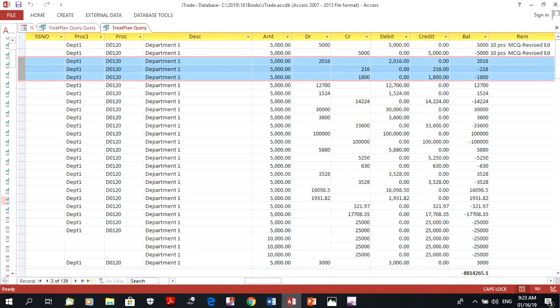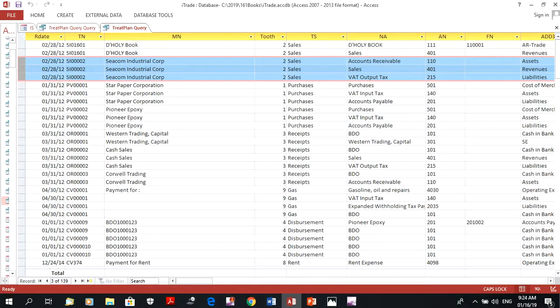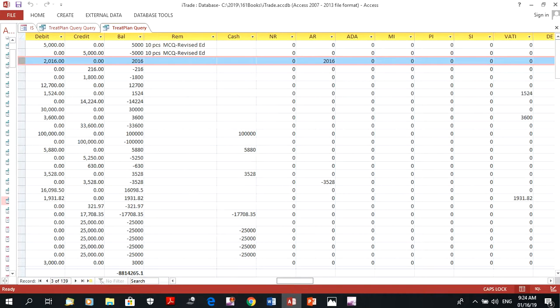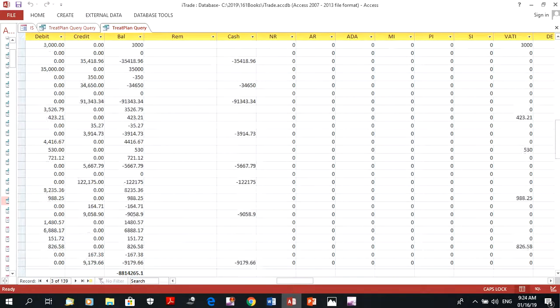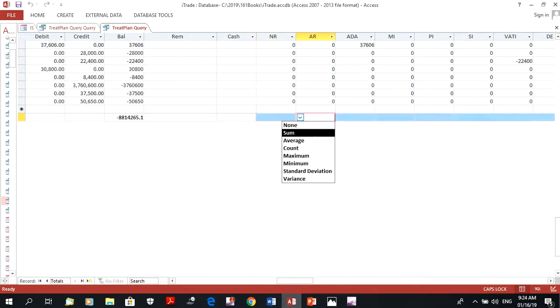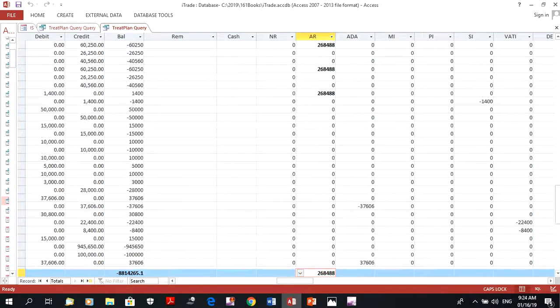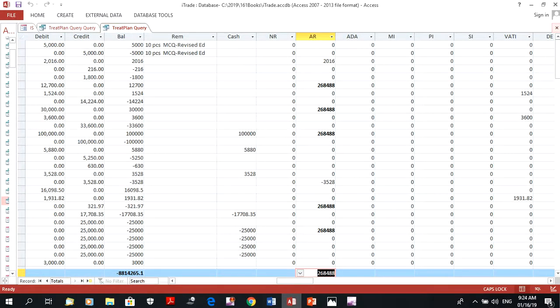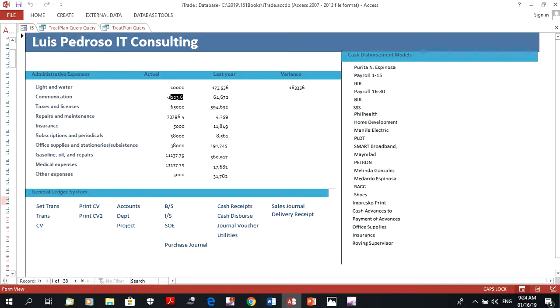Now, for a particular account, like let's say AR, that is captured on a specific field. Like for example, this 216 and so on and so forth will give you a sum. So that particular account is summed, and it's what you get here, what you get in your transaction.